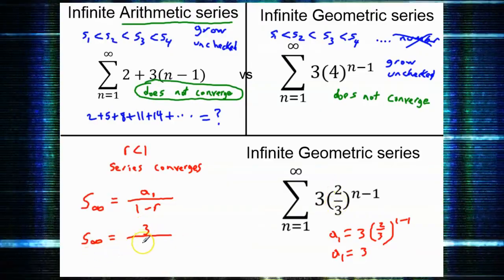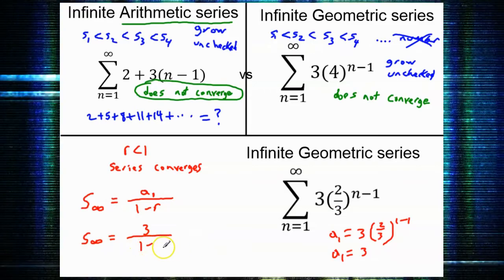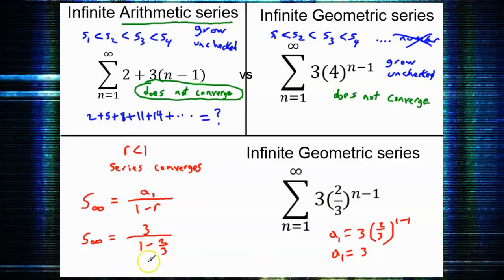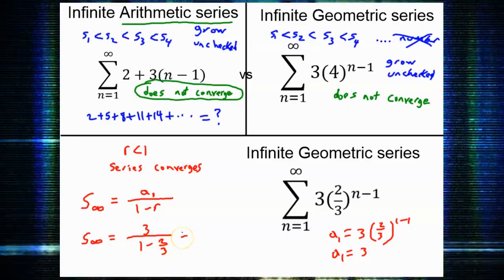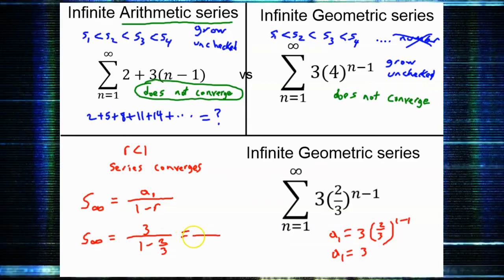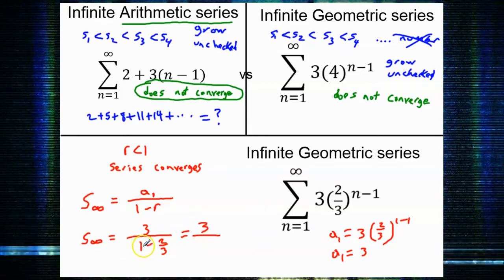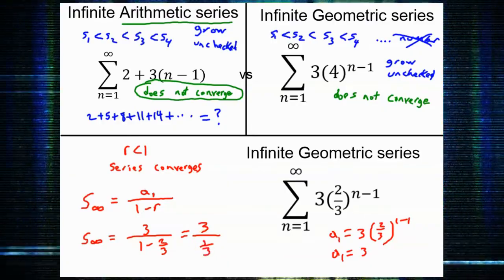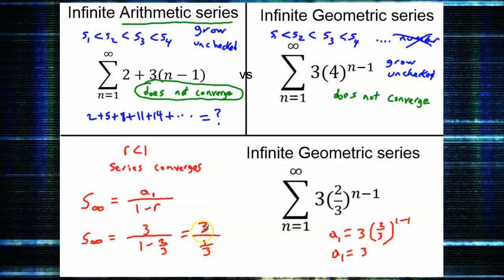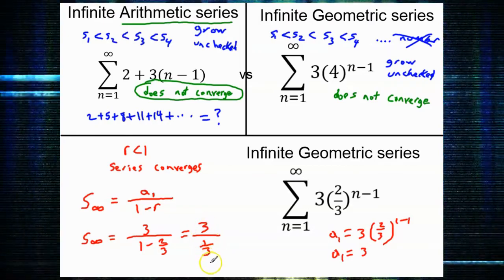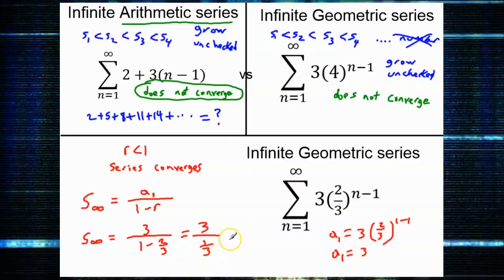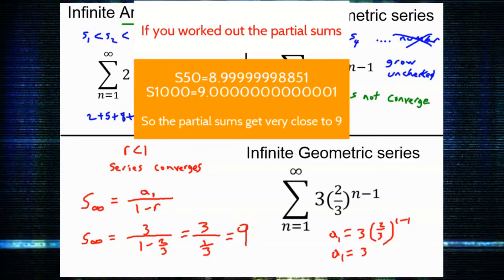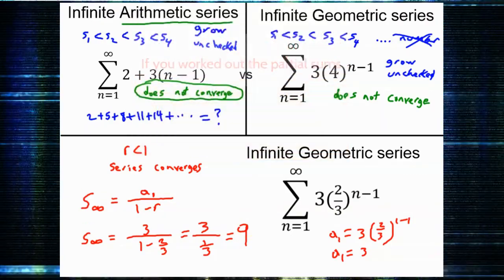Now we take our r value, 1 minus 2/3. Working this out, we get 3 in the numerator, and 1 minus 2/3 is just 1/3. When you divide by a fraction, it's basically multiplying, so this is the same as saying 3 times 3, and that's 9. And we can confirm this by looking at the partial sums.